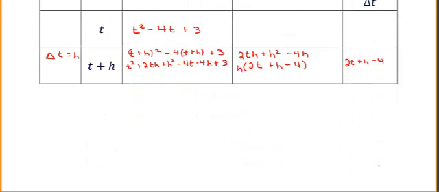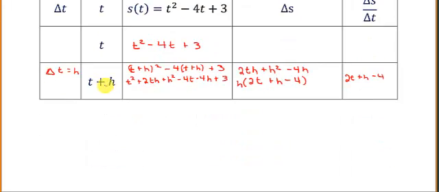Okay, now to get the instantaneous velocity, remember I let h go to 0 so that the right end of the interval approaches the left end. The interval gets shorter and shorter. So if I do this, the instantaneous velocity will be the limit as h approaches 0 of 2t plus h minus 4, which is just 2t minus 4.